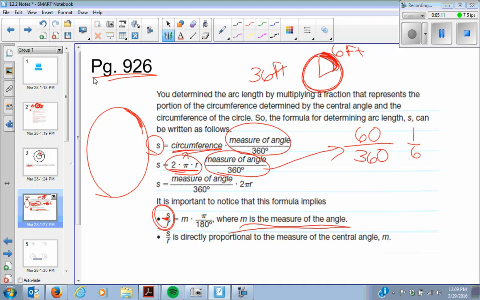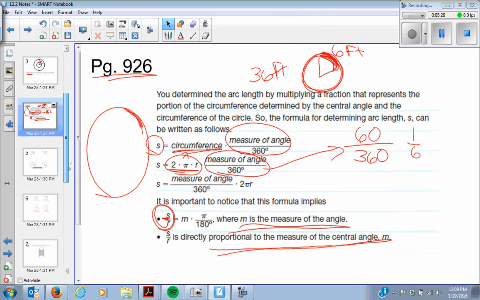And S over R is directly proportionate to the measure of the central angle, which is m. All right? So let's go ahead and use this and see what we can come up with.